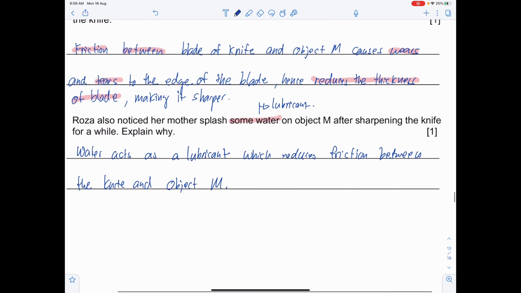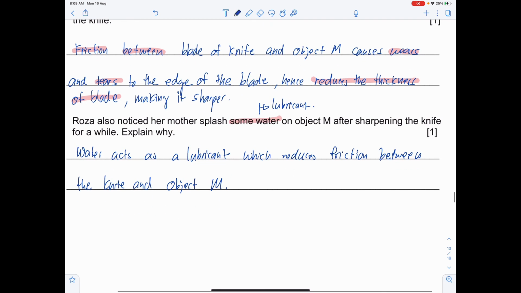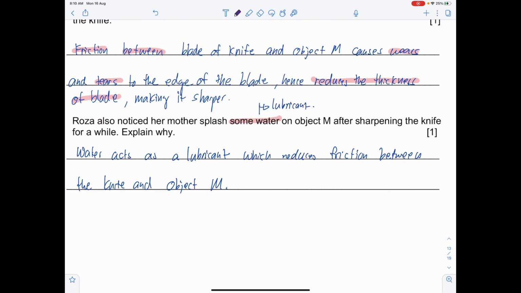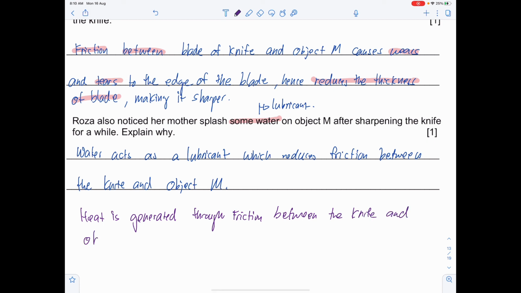So how can you actually craft a very complete answer? An alternative answer would look something like, heat is generated through friction between the knife and object M. So you talk about the heat, half a mark.